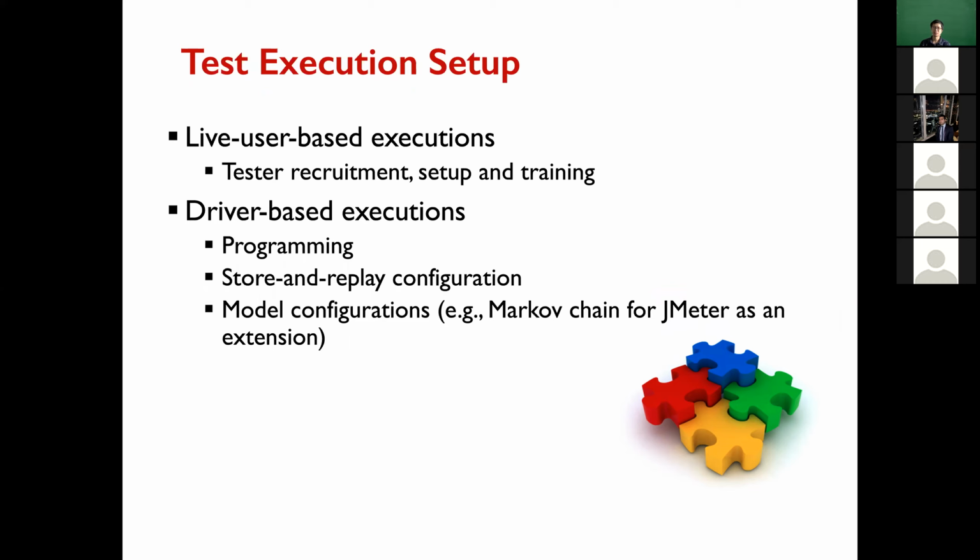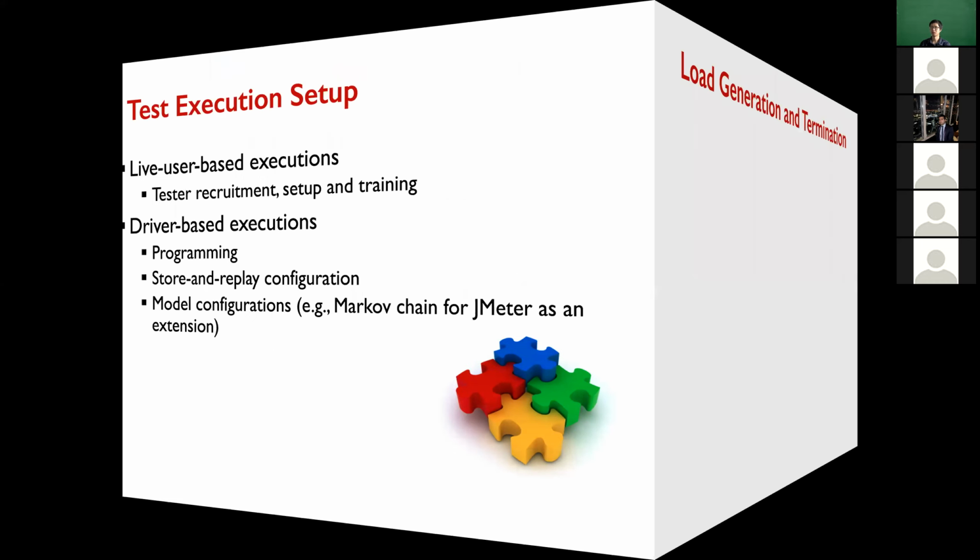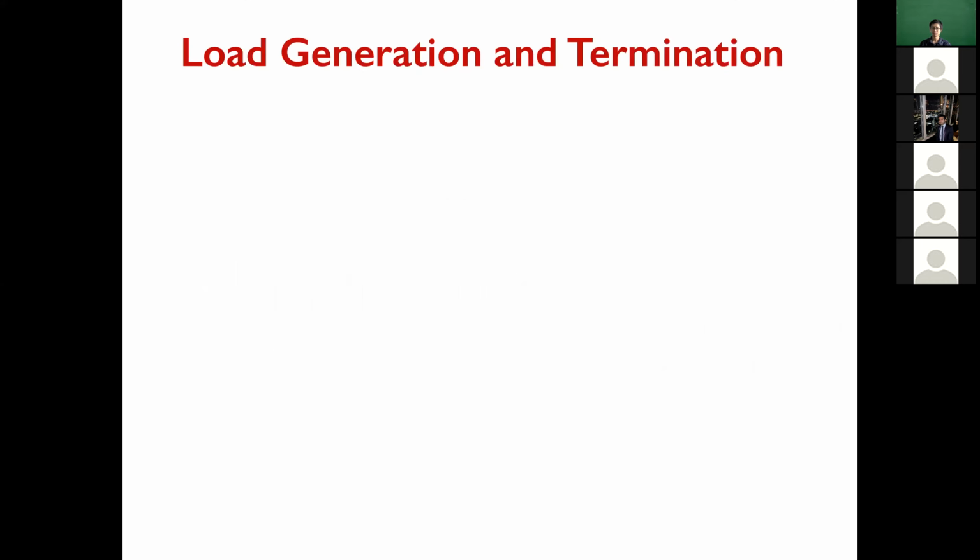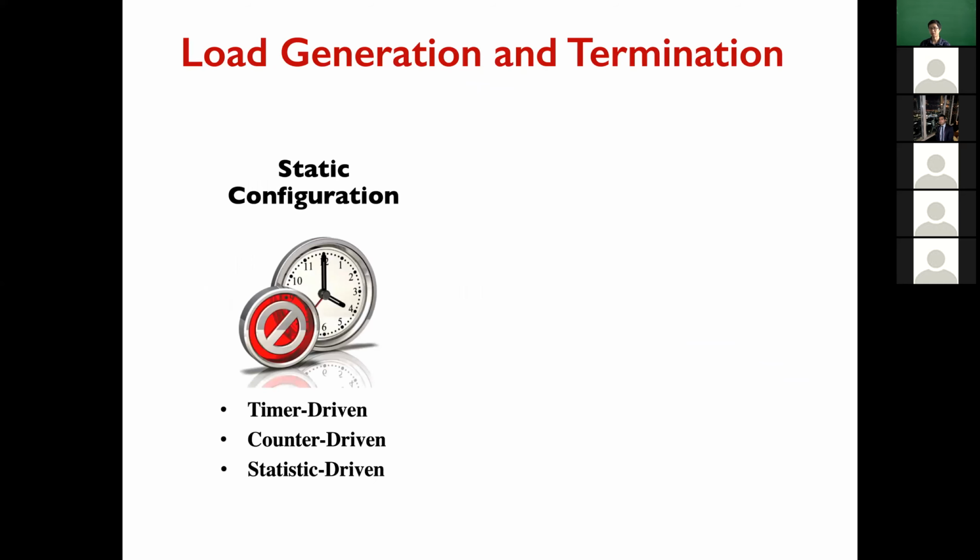The second aspect is load generation and termination. How do we determine when to generate load and when to terminate the load, right? There's the static configuration. You configure everything before you run the test. For example, in the first hour, you have 500 users using the system at the same time.